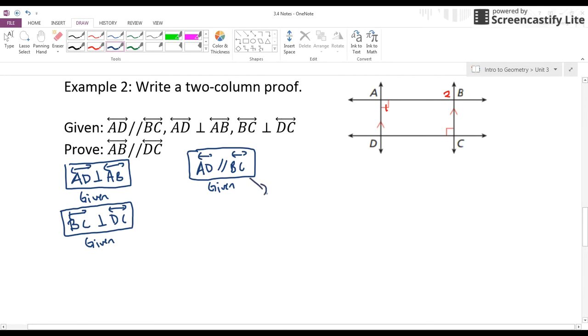So if I know that AD is parallel to BC, I know that angle 1 is congruent to angle 2 because they are alternate interior angles. Okay? Since I know that AD is perpendicular to AB, by definition, that tells me angle 1 is a right angle.